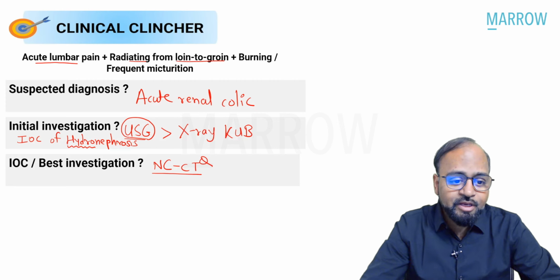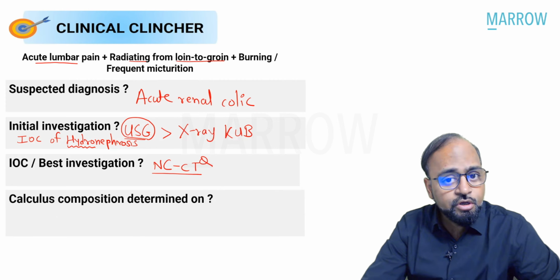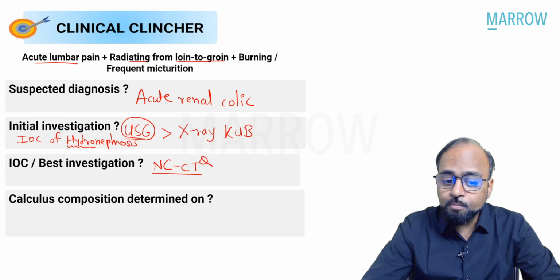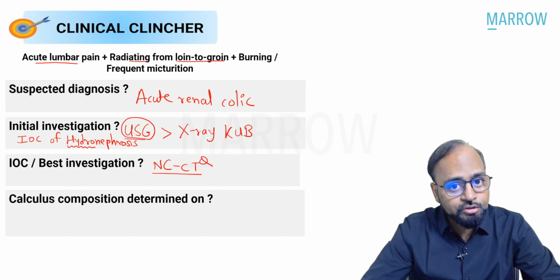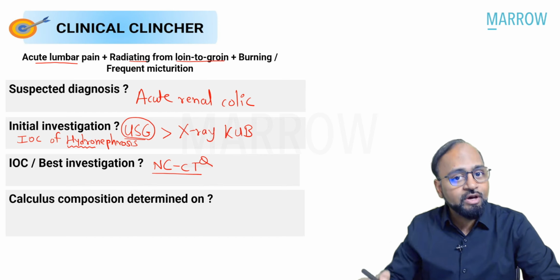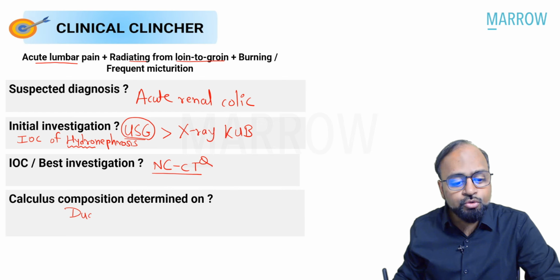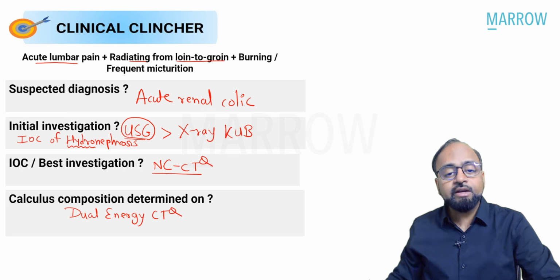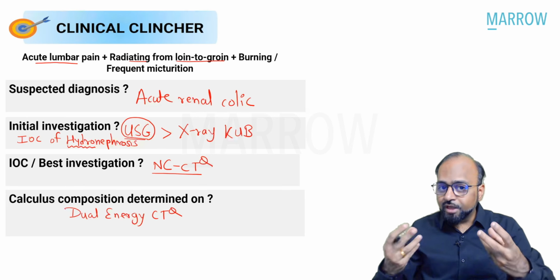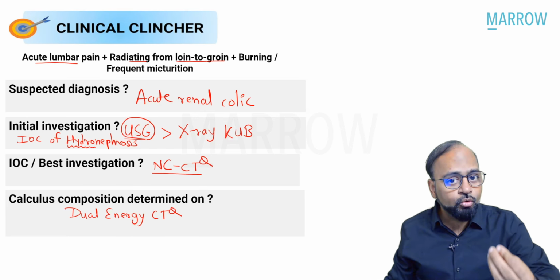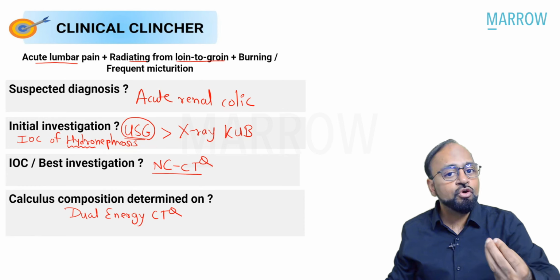Then maybe next time they'll ask you, is there an investigation which can tell you about the composition of the calculus? The answer is yes. There is an advancement of the CT technology, what is called a dual energy CT scan. Dual energy CT scan works in a particular way such that it will help you determine what the underlying calculus composition is.